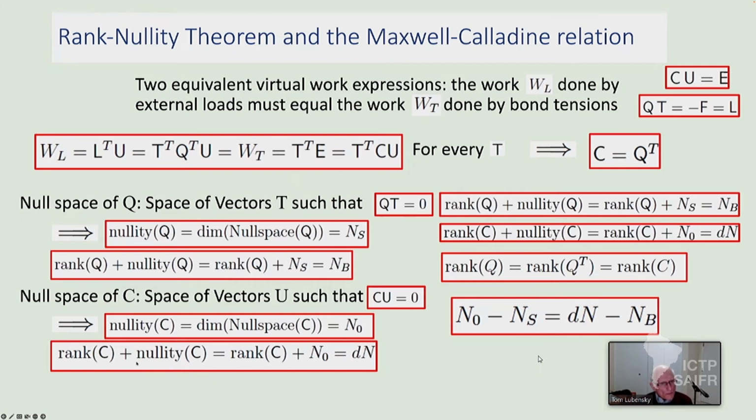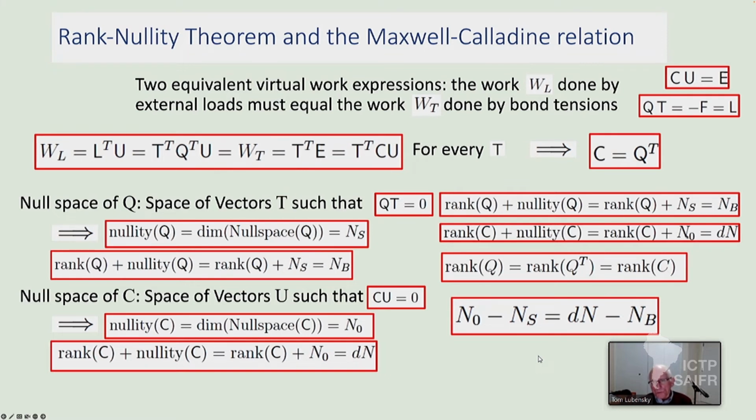So now, given that the ranks of the two are the same, we can write: rank Q plus nullity Q is rank Q plus NS equals NB. Rank C plus nullity C is rank C plus N0 equals Dn. Now I can subtract these two, using the fact that rank Q and rank Q transpose are equal to each other.